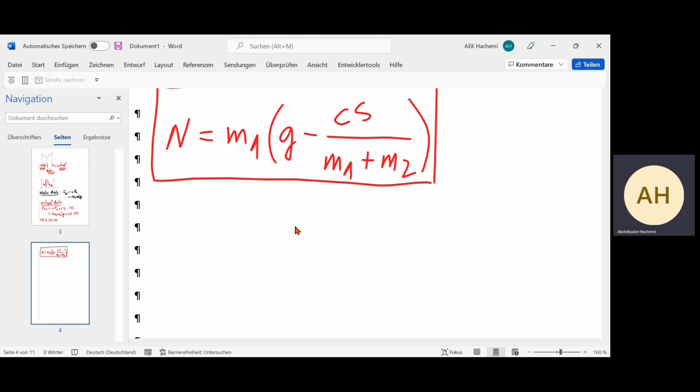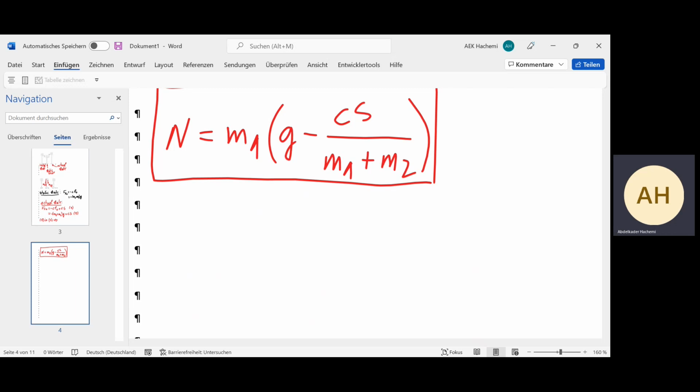The second question is to determine at which point mass M1 lifts off from mass M2. In this case, if it's lift off, it means there is no contact.